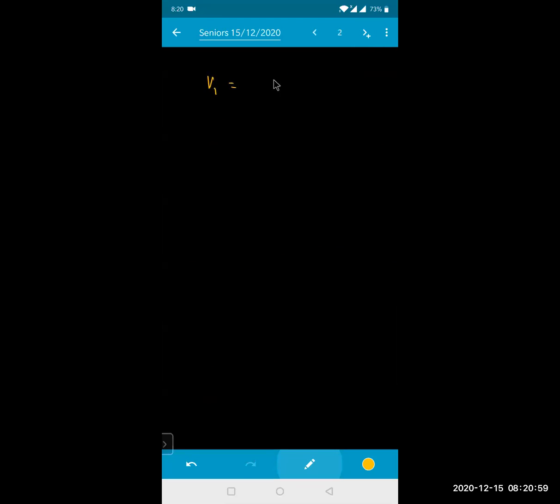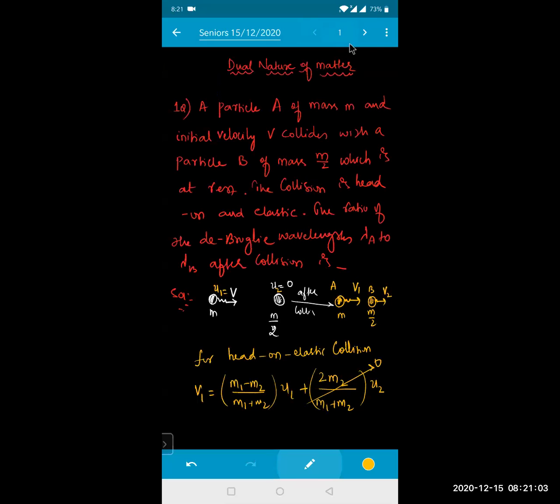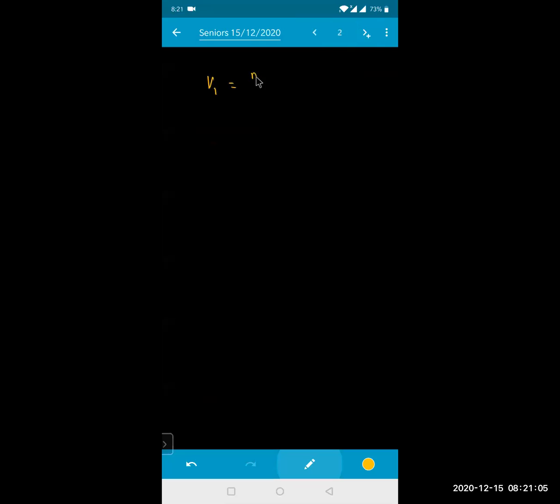v1 is equal to m1 minus m2, m1 is m, so it is (m minus m by 2) divided by (m plus m by 2) into u1, which is given as velocity v. So m minus m by 2 is m by 2, and m plus m by 2 is nothing but 3m by 2.